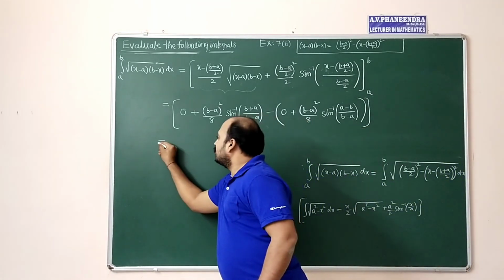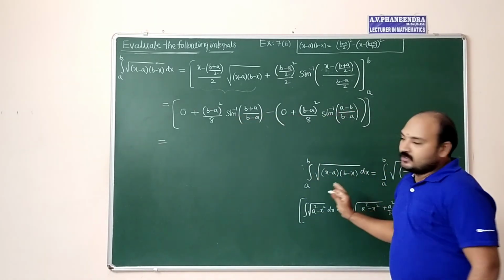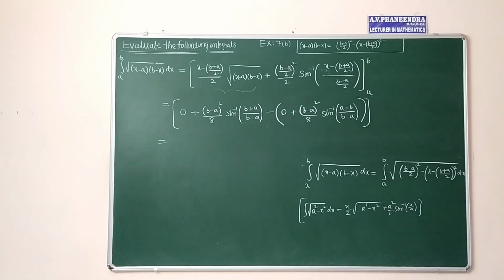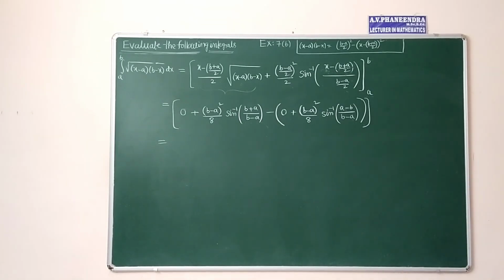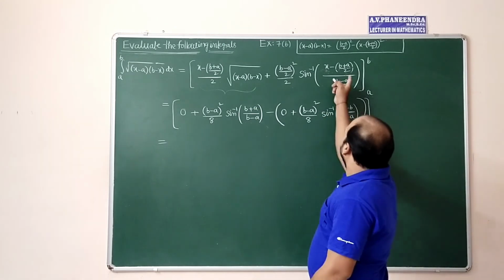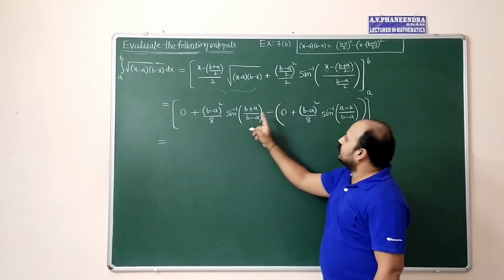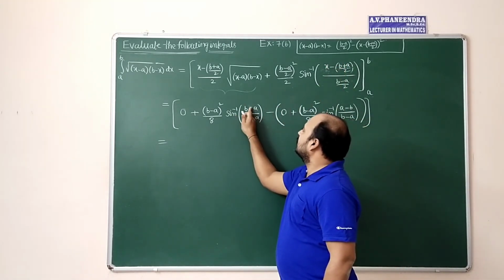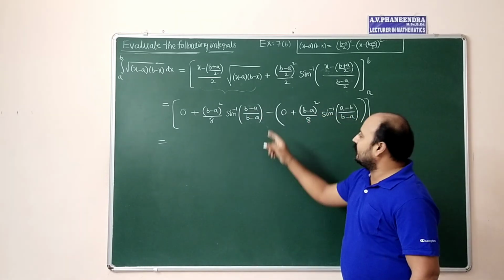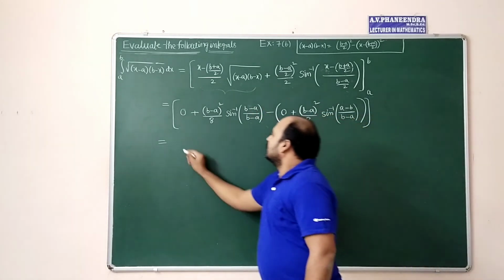Wait for 1 minute. Even here also, whenever it is plus, no? So here also you will get it as minus. Previously I wrote plus here. Now it is correct, b minus a.